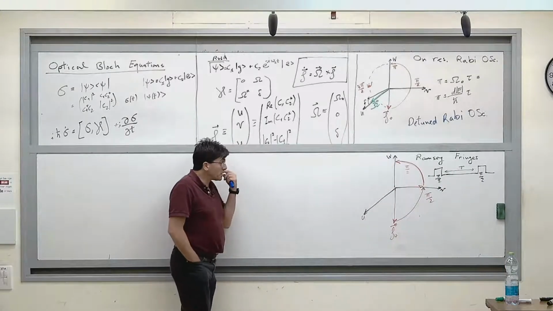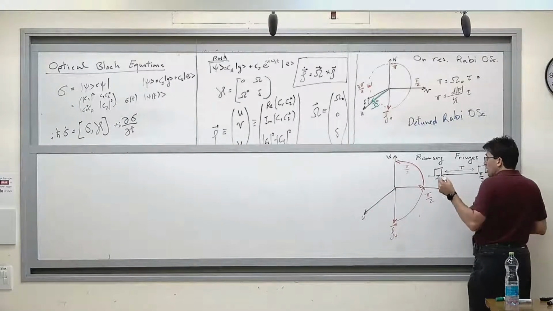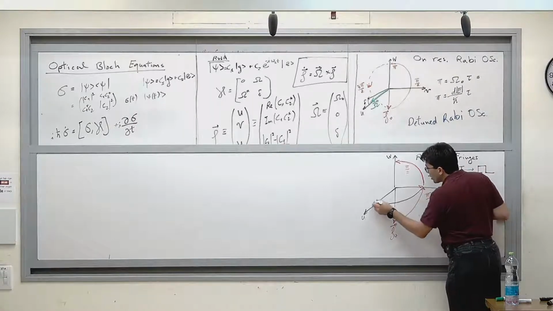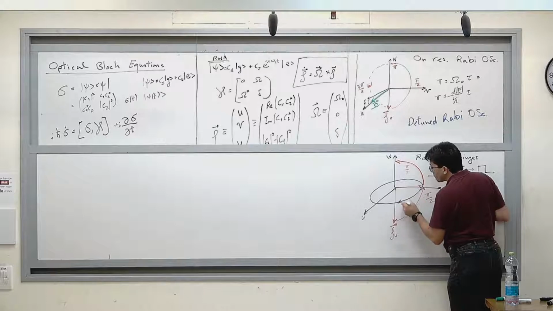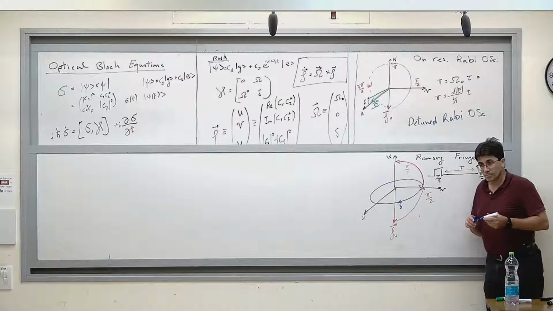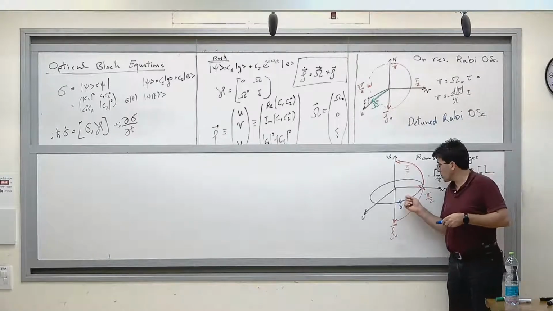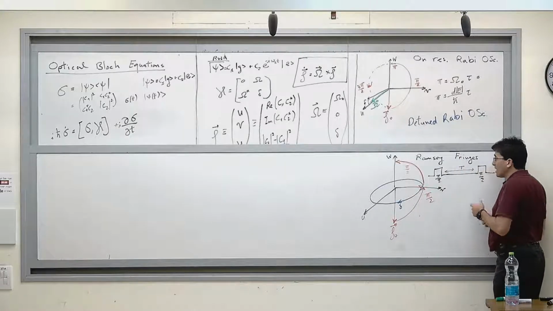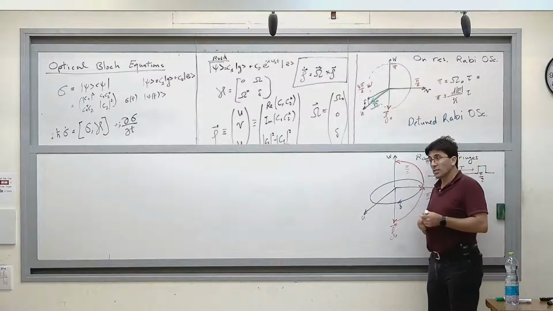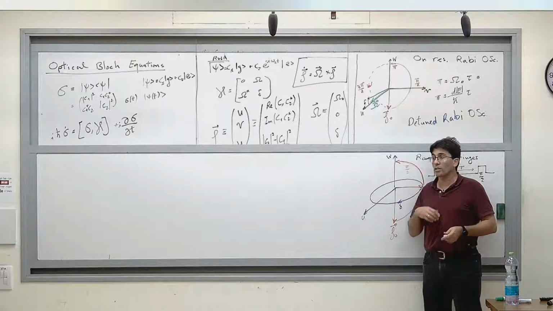But of course, if it is off resonance, then once it is here, it will start rotating in the UV plane at the rate delta. Now it depends on what delta times t is, because delta times t defines the phase that is acquired by the atoms relative to the laser.